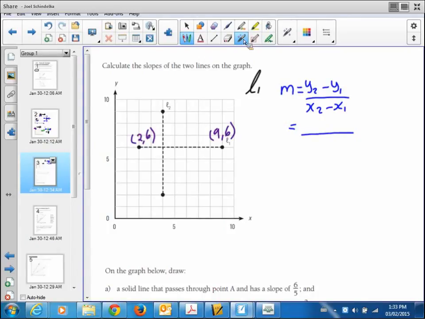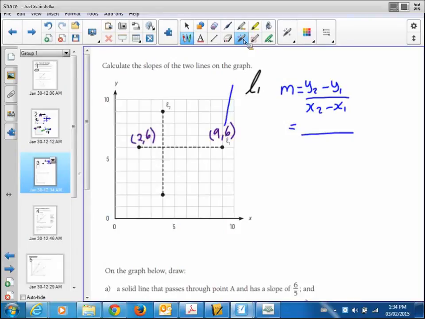So, try this. Give it a second here. Okay, which of the two y values just do? 6.